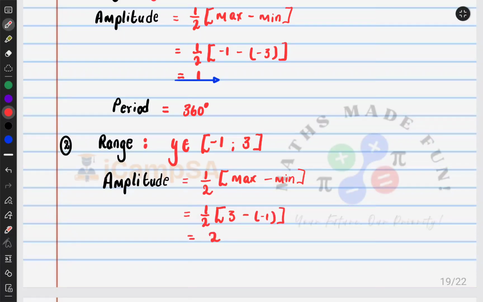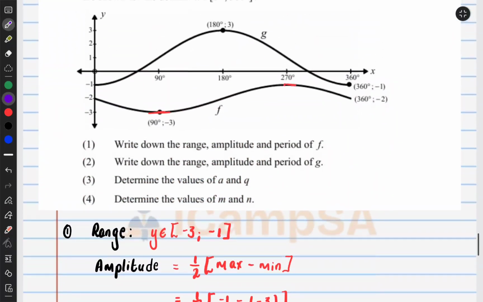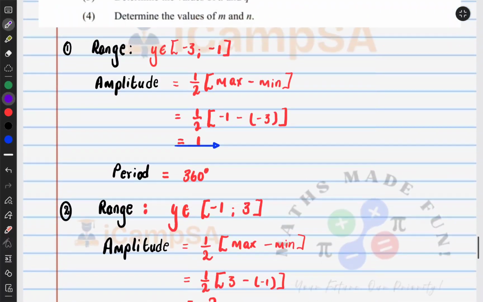The amplitude is going to be 2. Punch that in your calculator, you should get 2. And then the period, what is the period of this function? The period is equal to 360 degrees. That is the period of the function g.